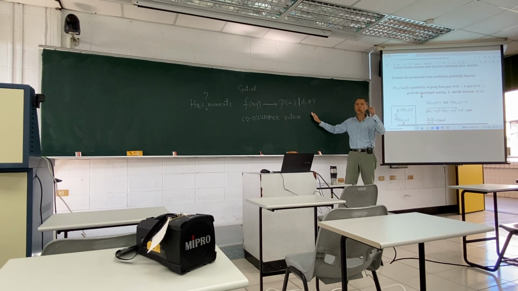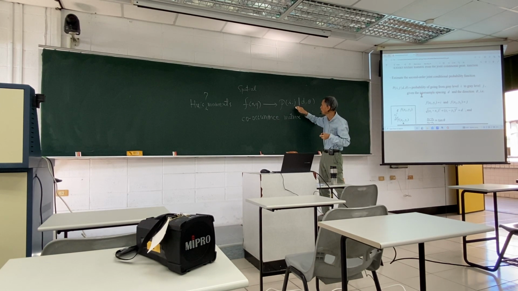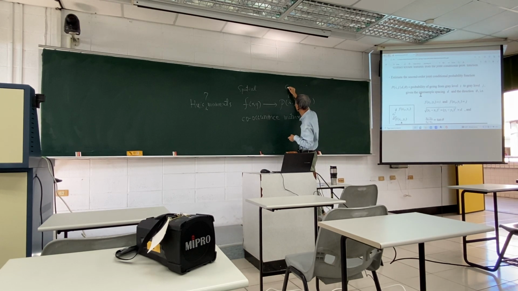I want to know the probability that in the image you will see a gray level i change to gray level j. So i and j are both gray levels.